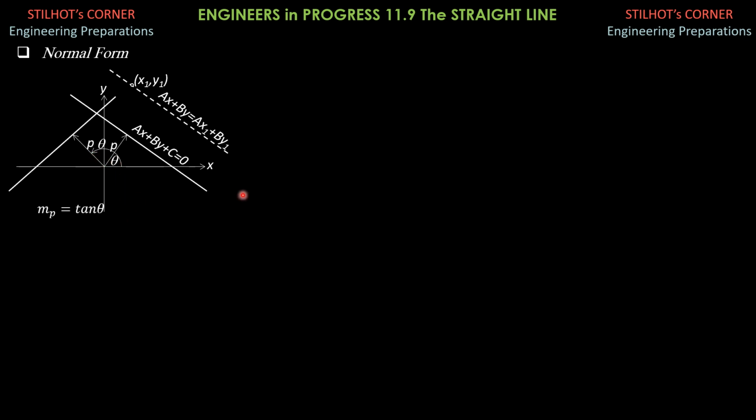So the slope of line P is equal to the tangent that P makes with the positive x-axis. So it is tangent of theta.